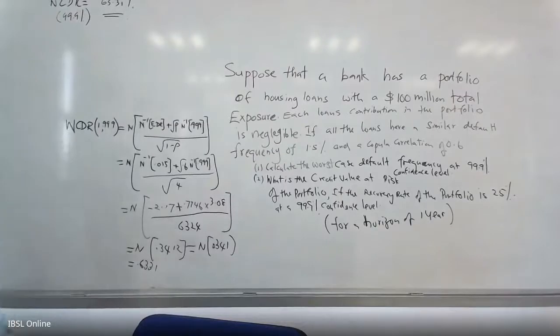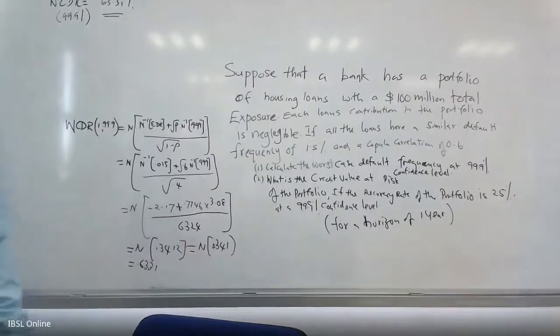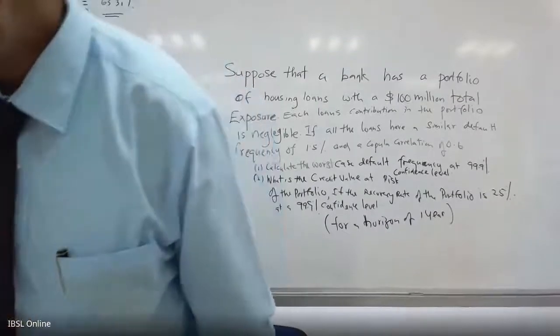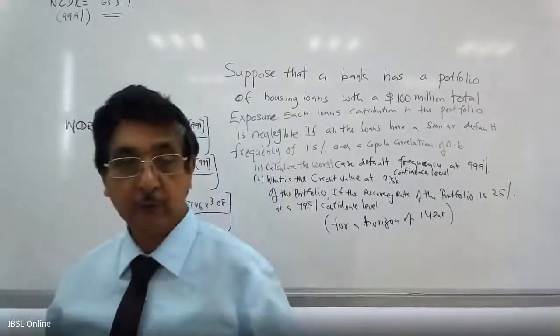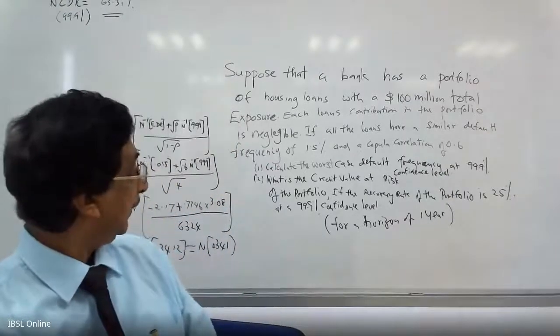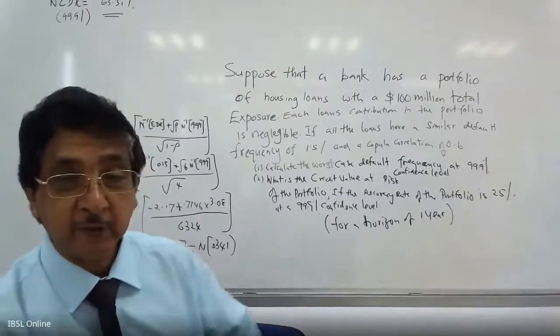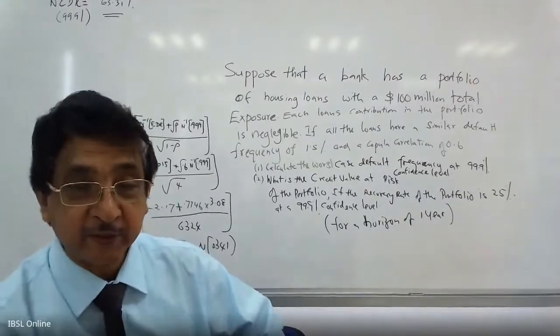So that's a high probability of default. Right. The first thing was to calculate the worst case default frequency at the 99.9 confidence level, and the answer for that is 63.31.